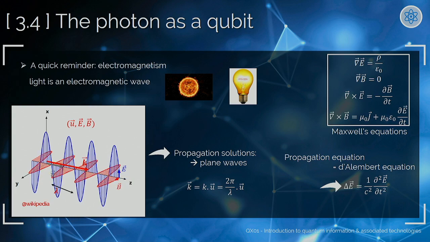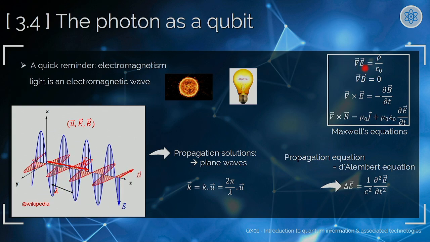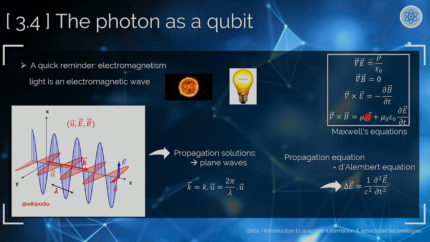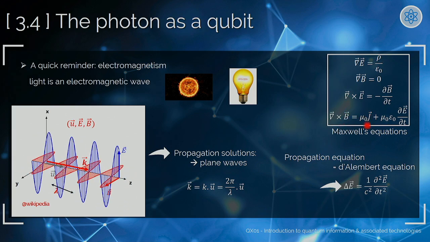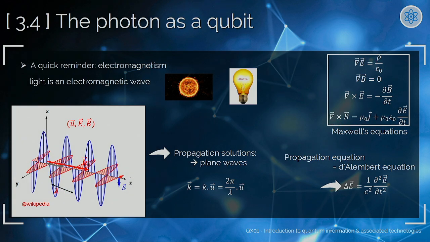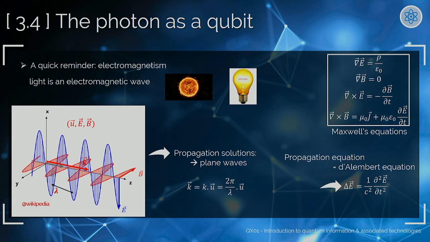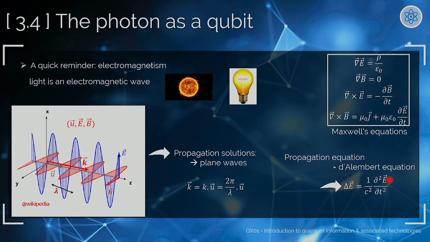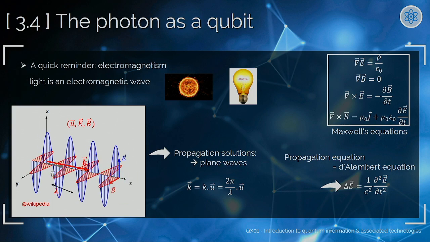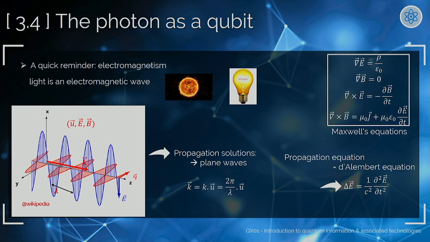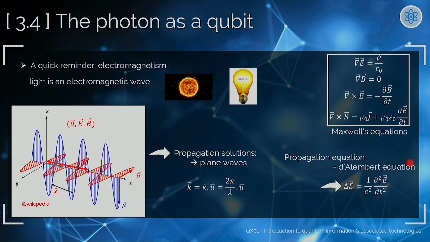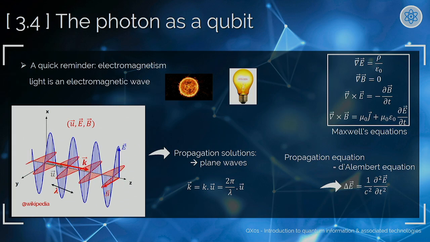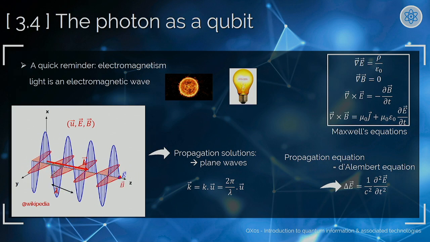Propagation of light in vacuum means that there are no charges rho, no density of current J. So there are simplifications in these equations, and if you take these 4 equations and just shake them, at some point you can easily show that you end up with this propagation equation. And that's nice because this propagation equation is exactly what generates and explains the propagation of light in space.